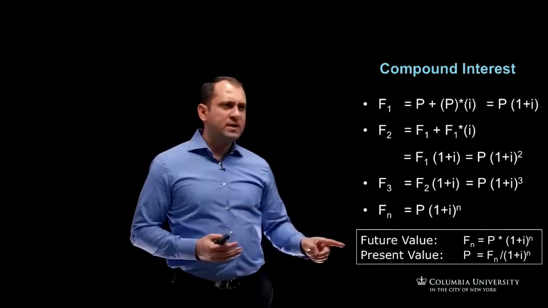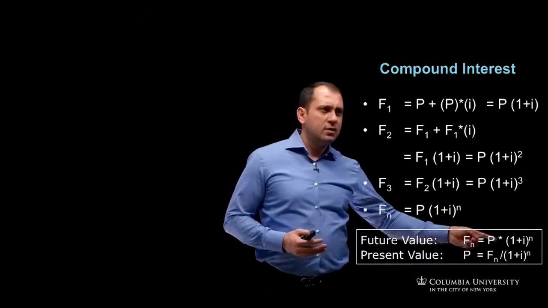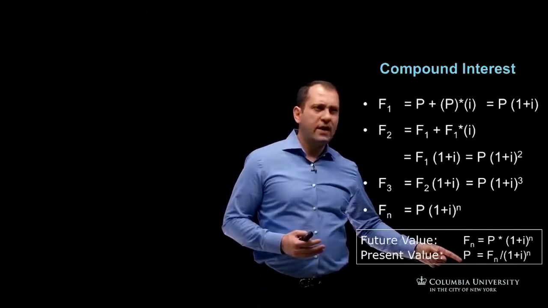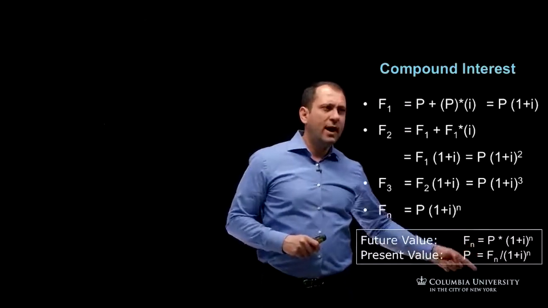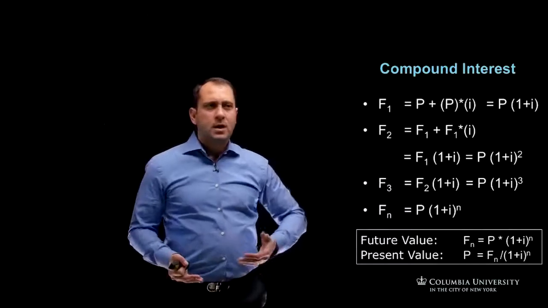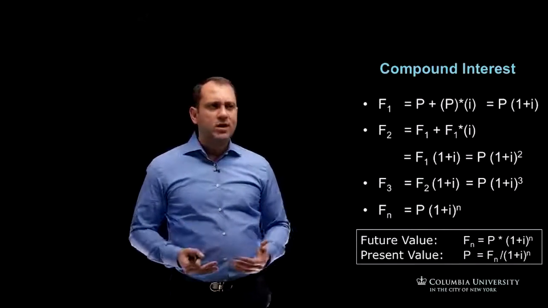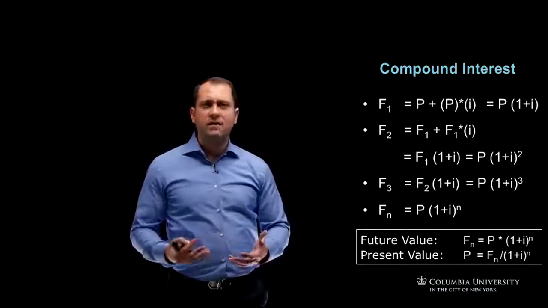From the first equation, you just flip the two sides. So the present value is equal to the future value that you want at the end, divided by (1 + i) to the power of n. So it's either or, it's the same equation, but one we refer to as the future value equation, and the other is the present value.